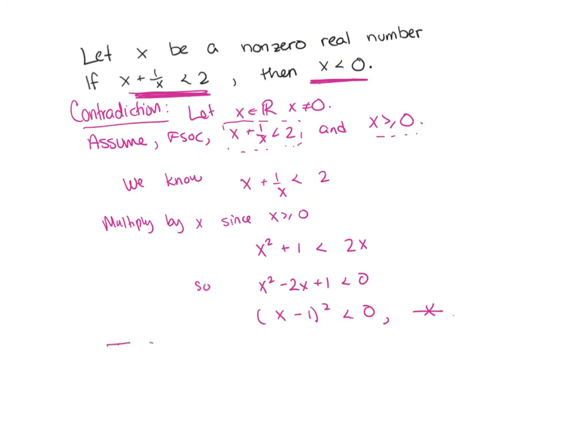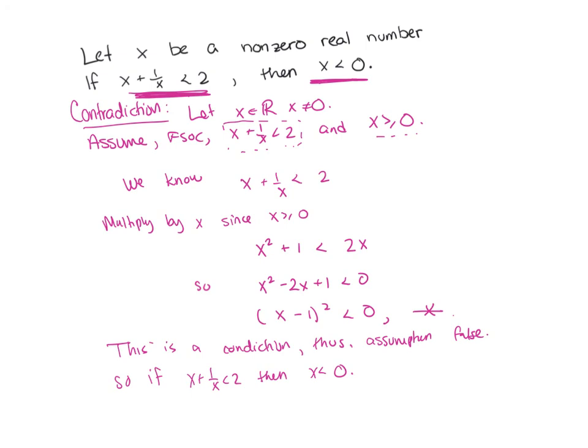So this is a contradiction. We should actually explicitly write that out. Thus, our assumption must have been false. And our assumption was p and not q, which then we know the negation of that is if x plus 1 over x is less than 2, then x has to be less than 0, which is what we wanted to show.